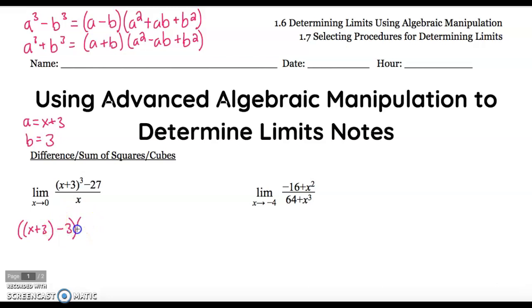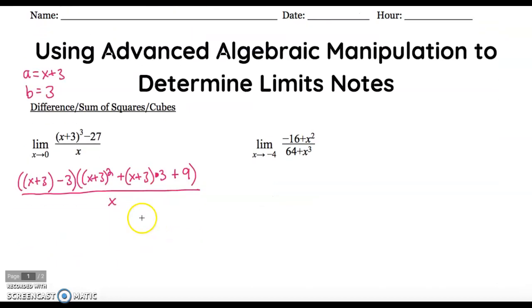And then I have a squared, so x plus 3 squared, plus a times b, so x plus 3 times 3. And then I have plus b squared. So b is 3, so 3 squared is 9. And then I'm just going to start trying to simplify that. Oh, don't forget about this x on the bottom that we have here.